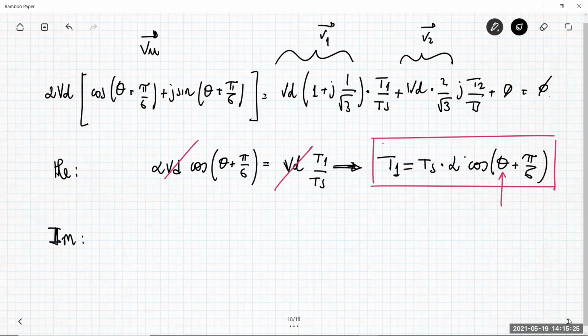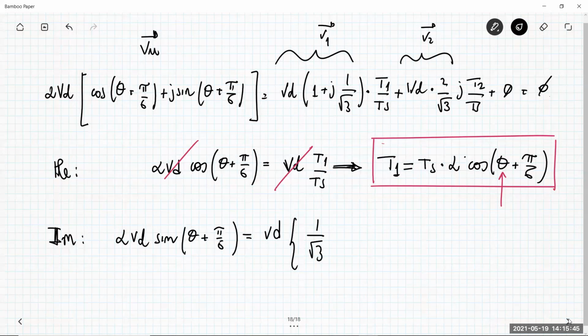The imaginary part means that you have alpha Vd sine of theta plus π/6, and it is equal to Vd that multiplies 1 over square root of 3 T1 over Ts plus 2 over square root of 3 T2 over Ts.